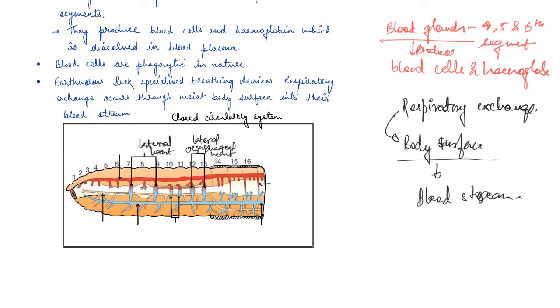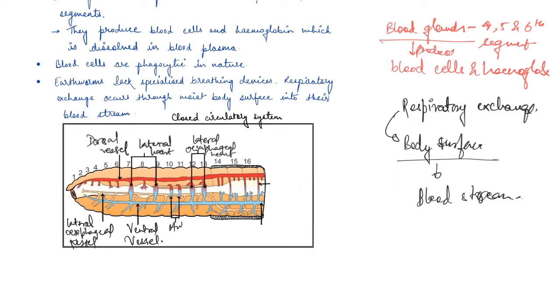And you have a dorsal vessel and a ventral vessel. In between that you have a lateral vessel as well. So you have dorsal, ventral and lateral. The lateral vessel is the lateral esophageal vessel, right? So there are three types of vessels.